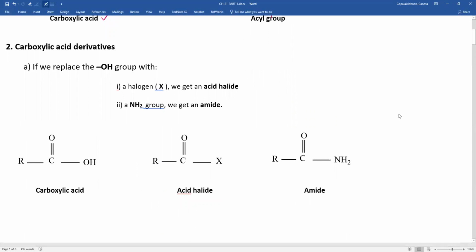If we replace the OH in a carboxylic acid with a halogen, it is an acid halide. If we replace the OH with an NH2 group, it is an amide.